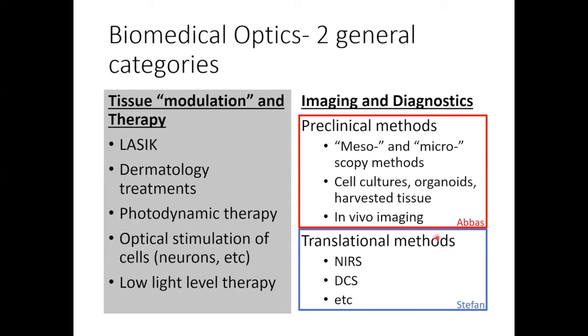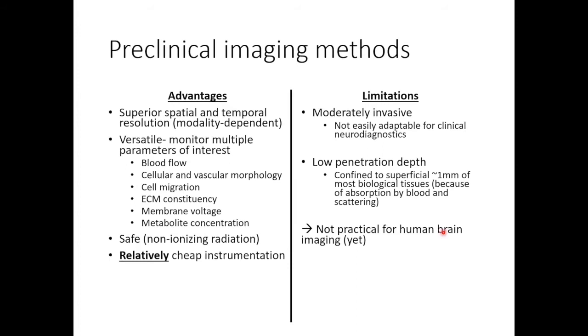And then in the later part of the lecture, I'll hand it off to Stefan, so he can talk about more clinically translatable methods. So I'll jump the gun here and first tell you the preclinical imaging methods' selling points and potential drawbacks.